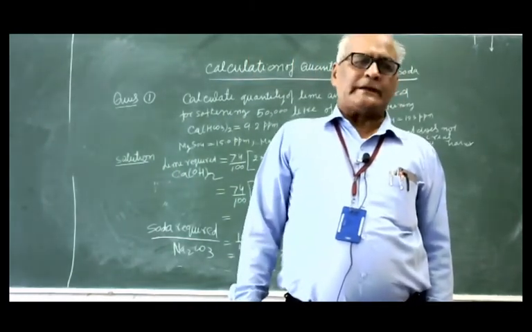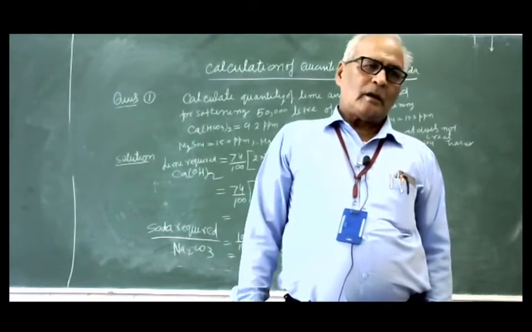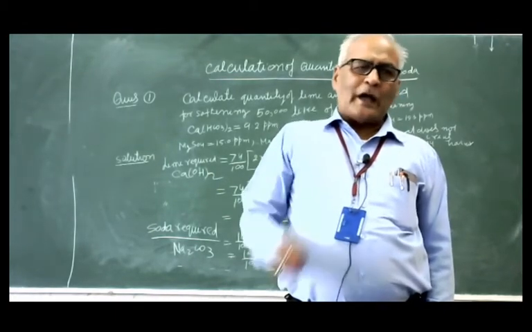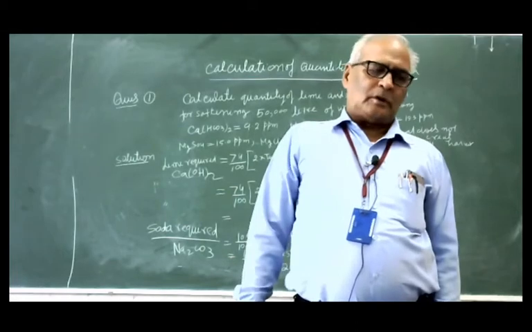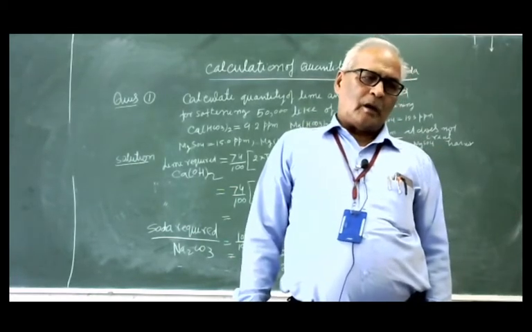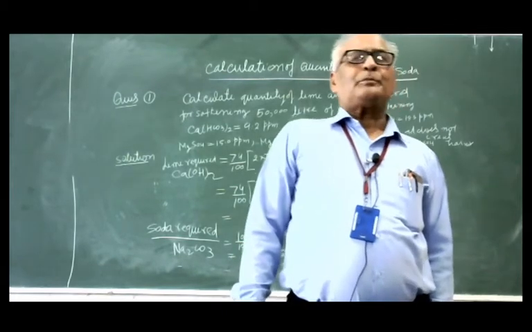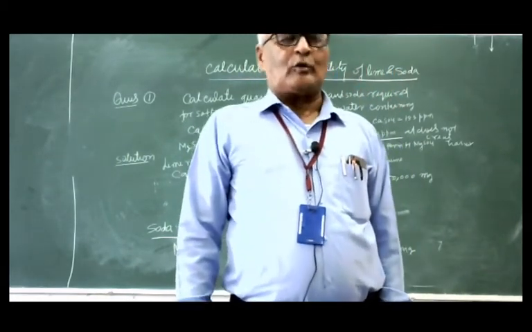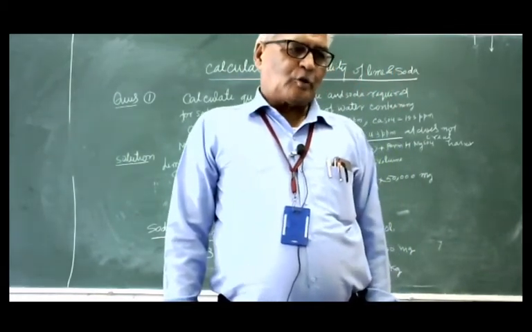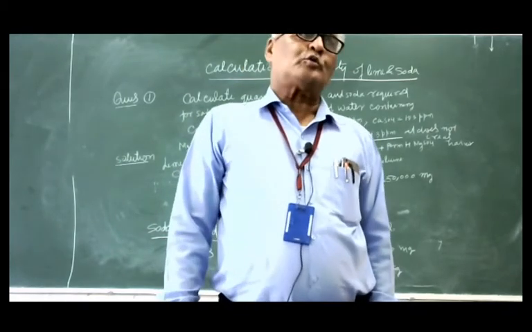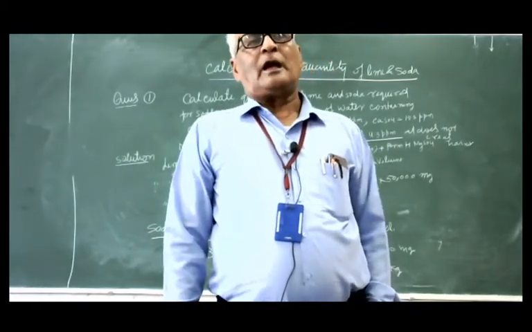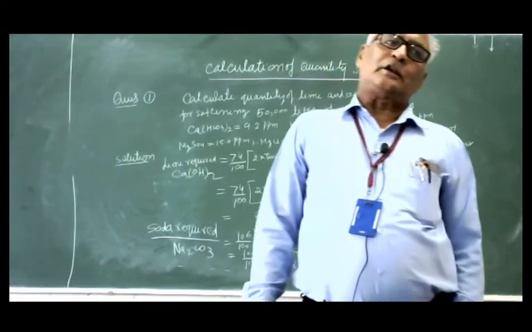These are the coagulants. So I will give you one example in which ferrous sulfate is added as a coagulant. So what you have to do for calculating the amount of lime and soda?